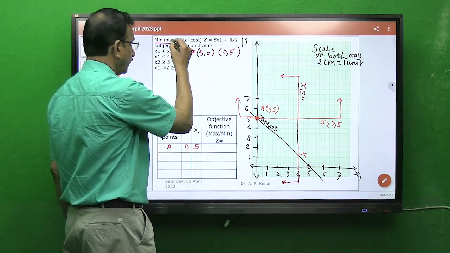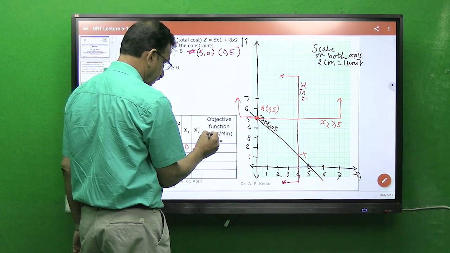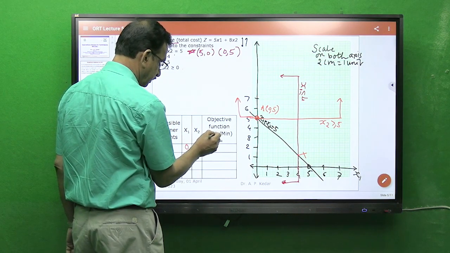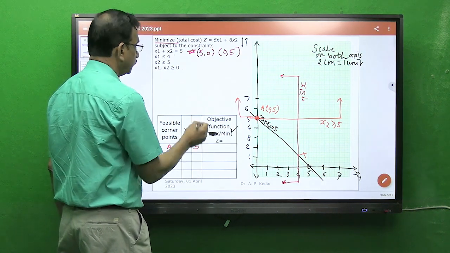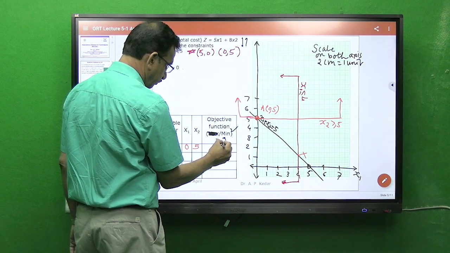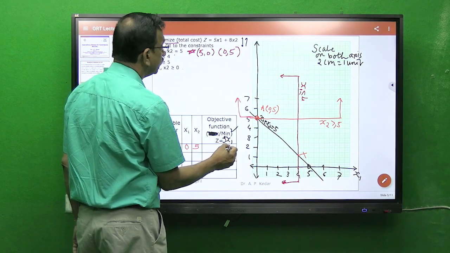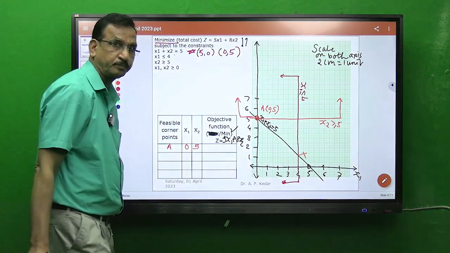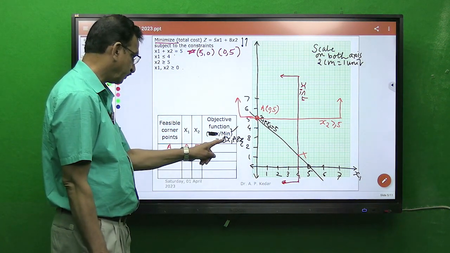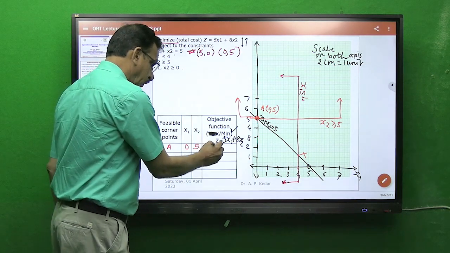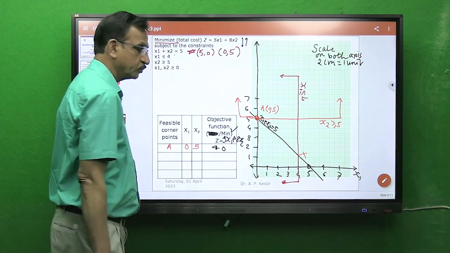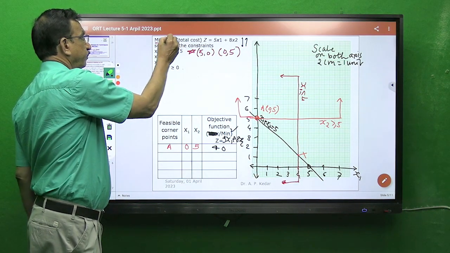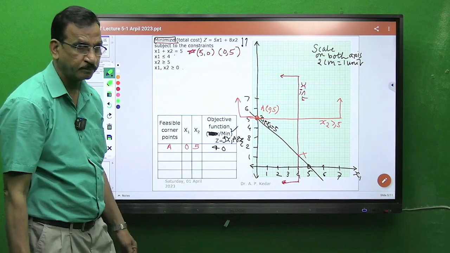As you can note, your objective function is to minimize 5x1 plus 8x2. The answer for this is 5 into 0 is 0, 8 fives are 40. So the answer for this problem with minimize is 40.